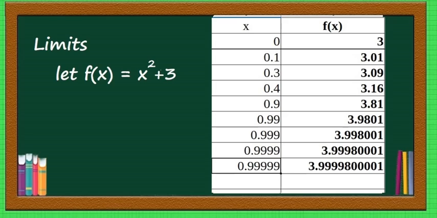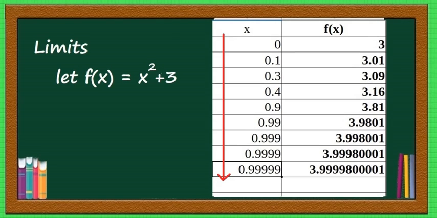Here x is approaching 1 from the left side of 1, and in this case, f of x is also approaching 4. Now we can conclude that it is possible to approach 1 from the left side as well as the right side.